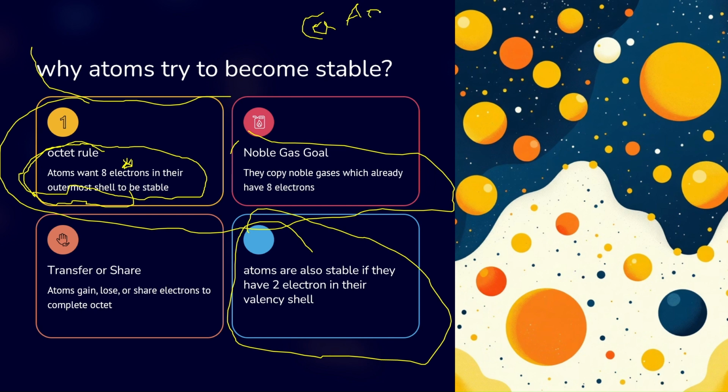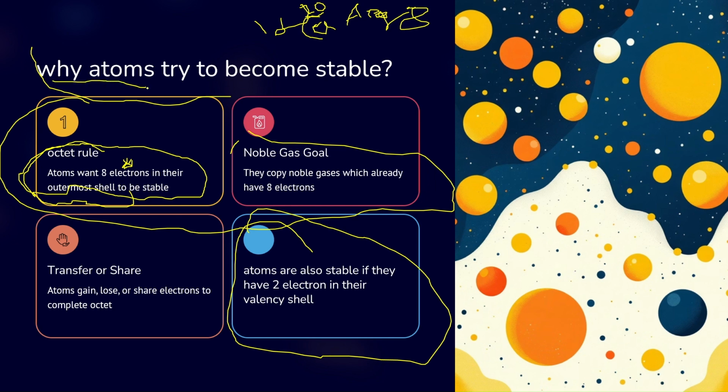Argon's atomic number is 18 and calcium is 20, right? So calcium is closer to argon. It tries to become like argon, which already has 8 electrons in its outer shell, which means it is following the octet rule, which means it is stable. So calcium also tries to become stable by copying it.